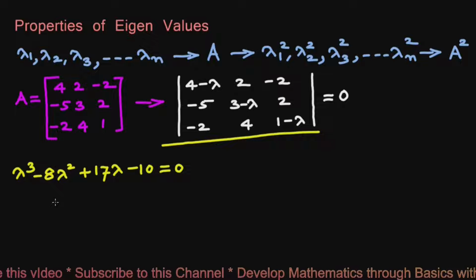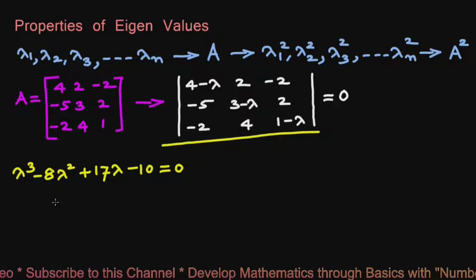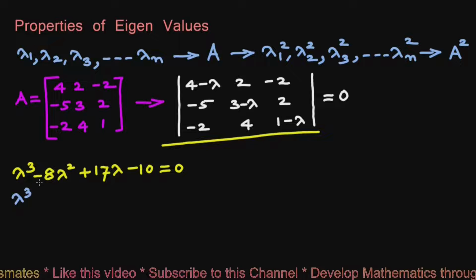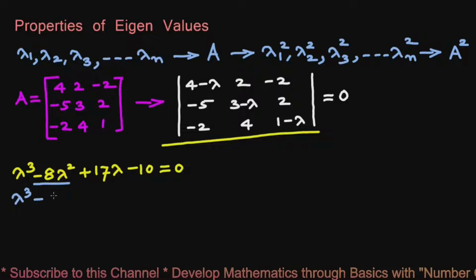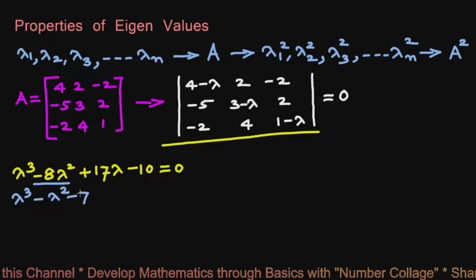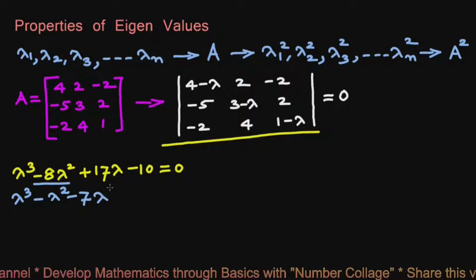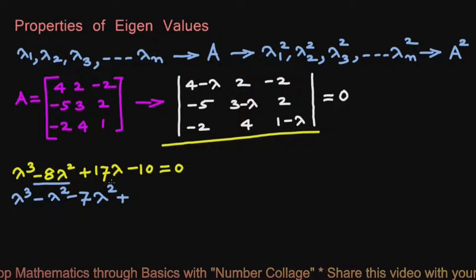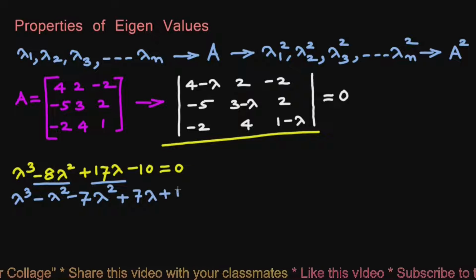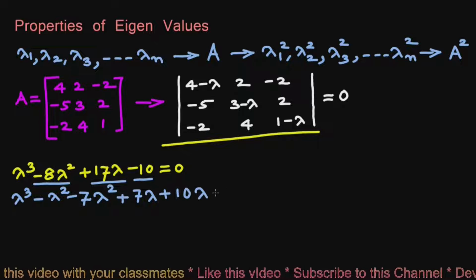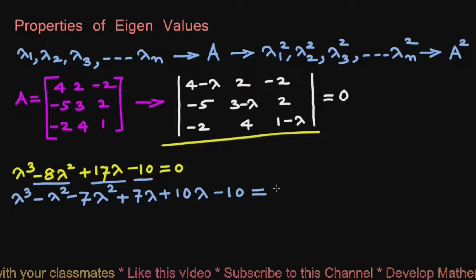In order to solve this cubic polynomial equation, we write lambda cube. We will split this minus 8 lambda square as minus lambda square minus 7 lambda square. Next, we will split this 17 lambda as 7 lambda plus 10 lambda and this minus 10 equals 0.